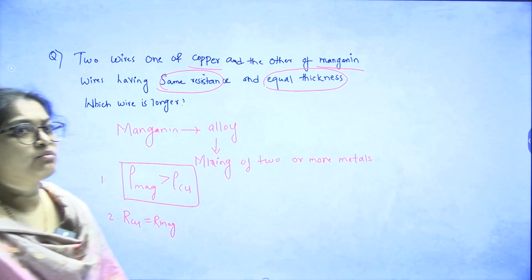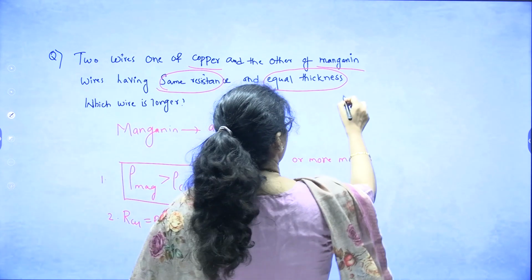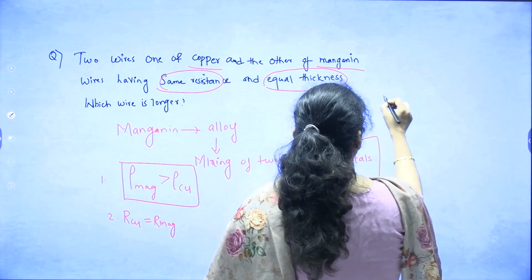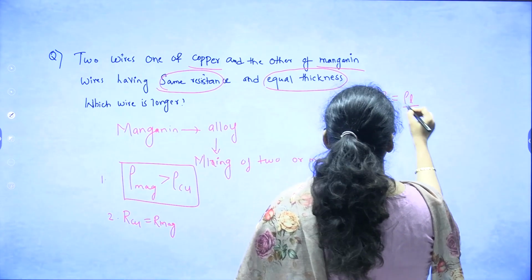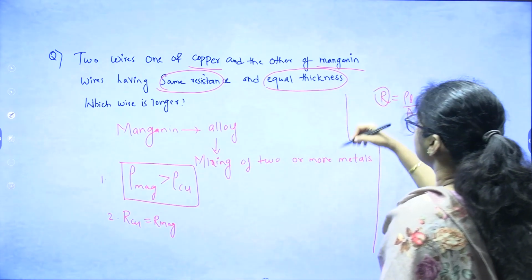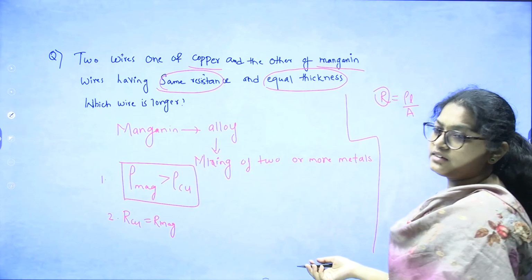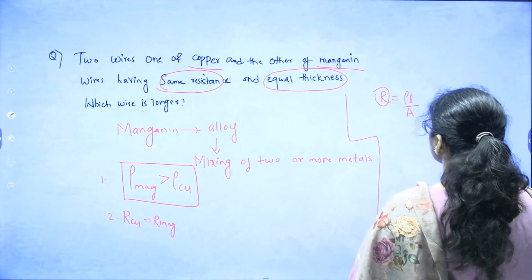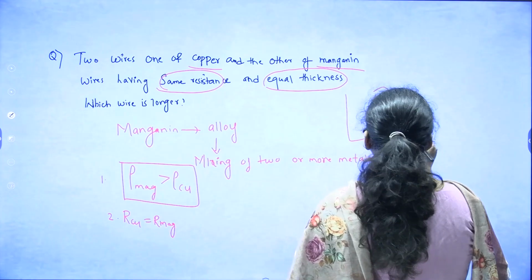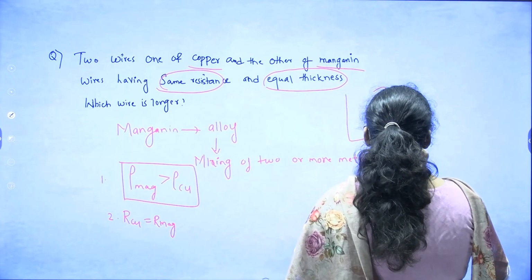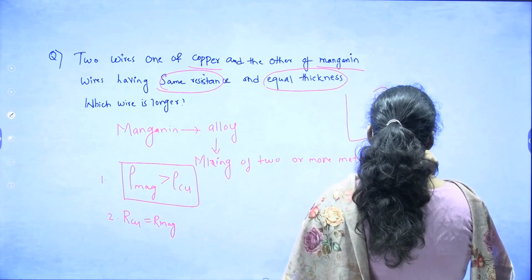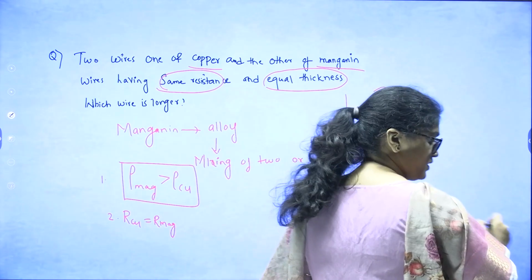And I know the formula for resistance also. R is equal to rho L by A. As the resistances are the same, and the area is also the same because of equal thickness, what can I write from this? Rho copper is equal to, one second.